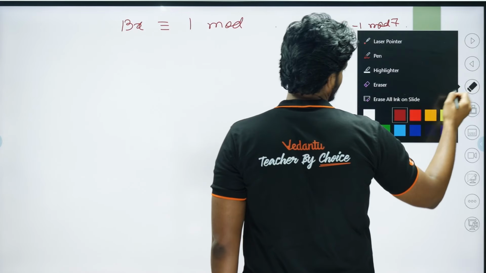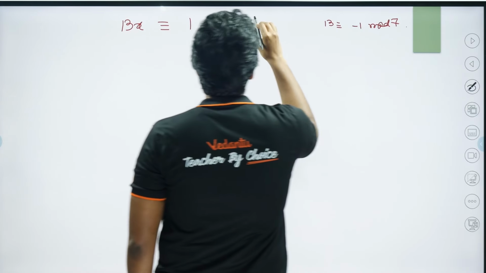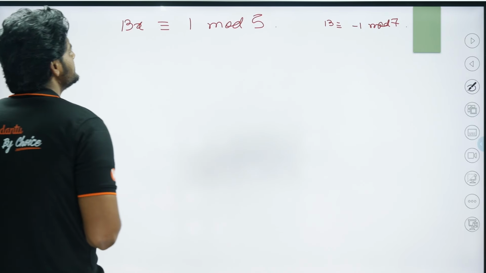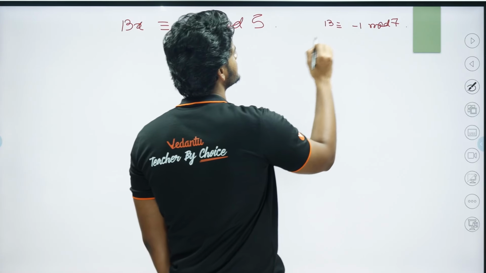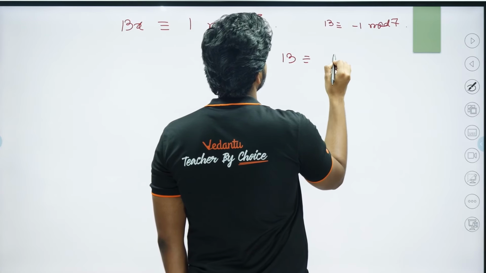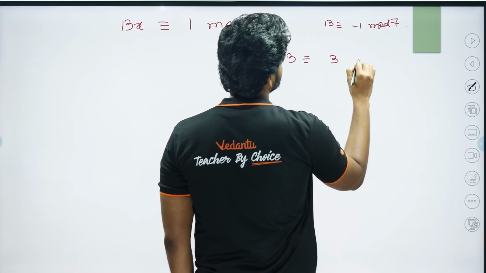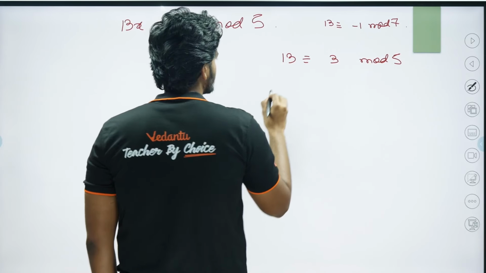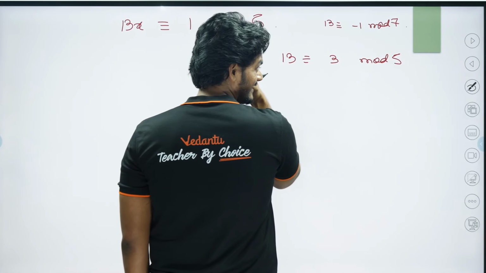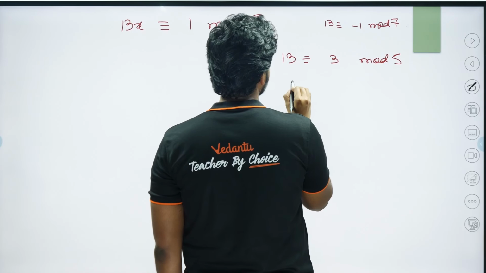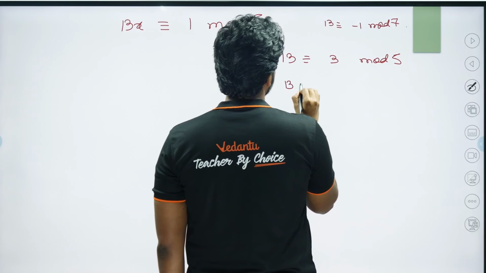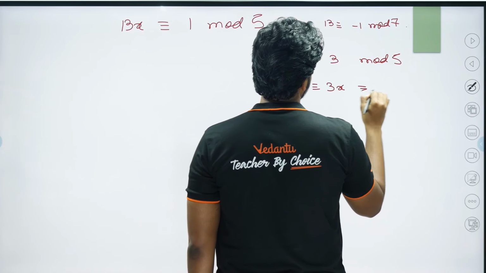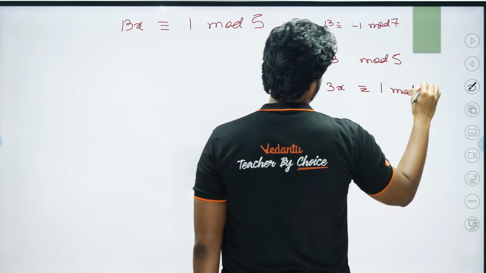Let me take 5, right? 5 will be good. So how do I solve for that? So 13 is 3 mod 5. I want to multiply something such that it is 1 mod 5. So I want to multiply x such that 3x is 1 mod 5.